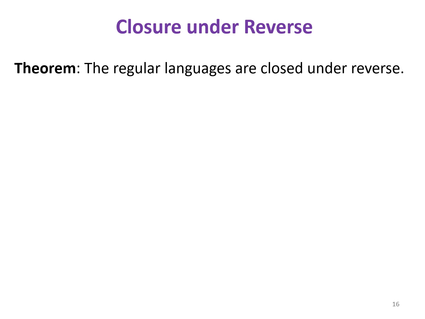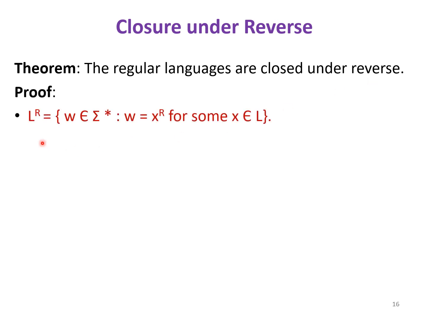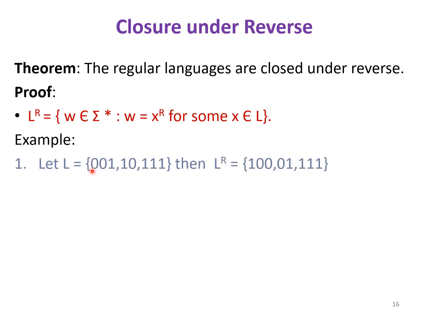Next theorem is the regular languages are closed under reverse. L raised to R is equal to W belongs to Σ star, where W is equal to X raised to R for some X belongs to L. For example, let L be {0, 001, 1101, 111}.